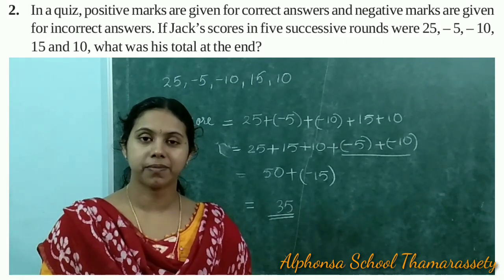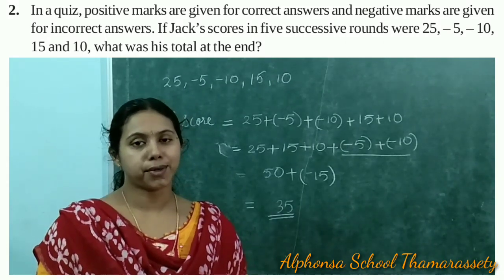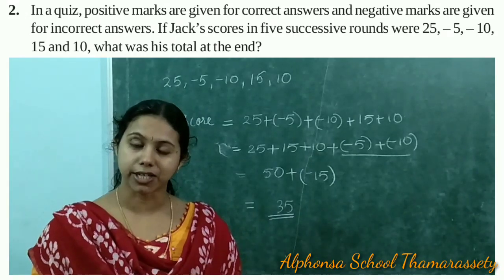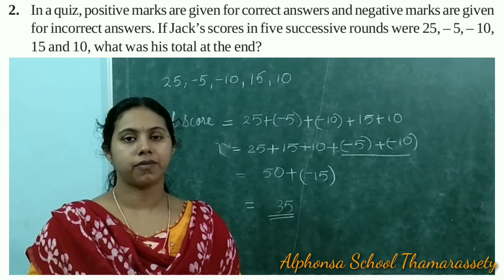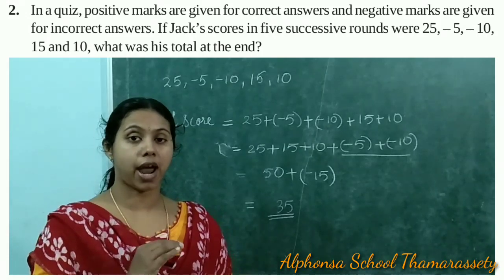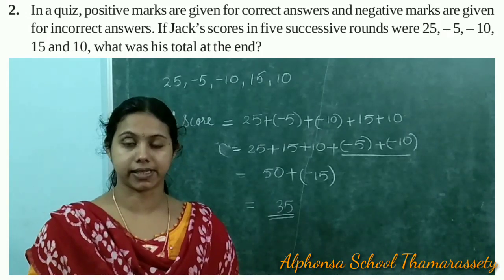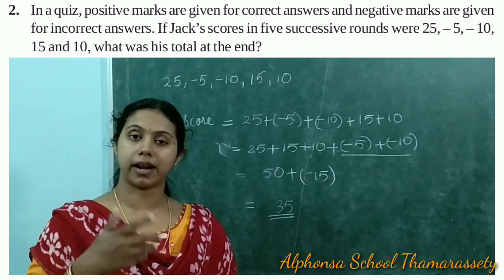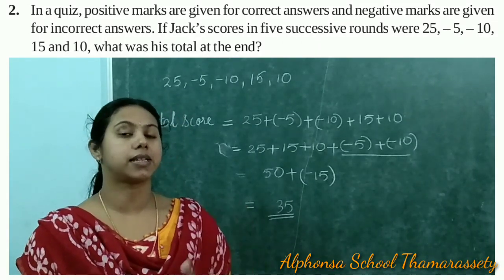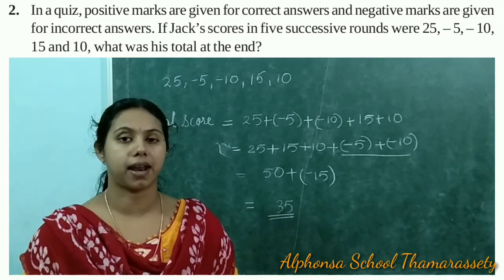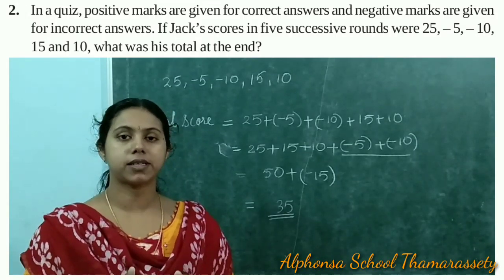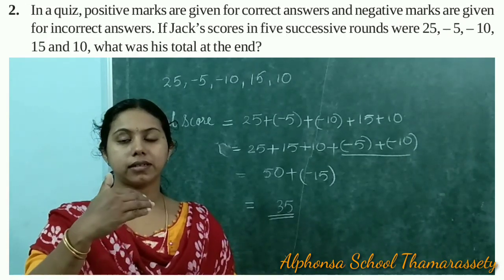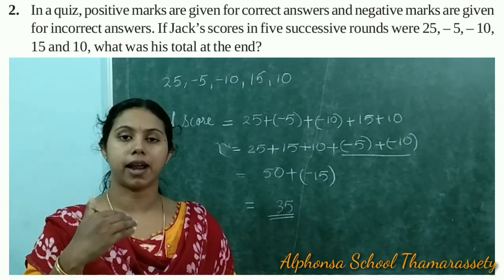So dear children, you have to write and study the addition of integers and subtraction of integers. When you are writing the notes, first write subtraction of integers, then write a few questions. You can write your own questions, or the questions we discussed in the session. Afterwards, write exercise 1.1, question numbers 1 and 2.